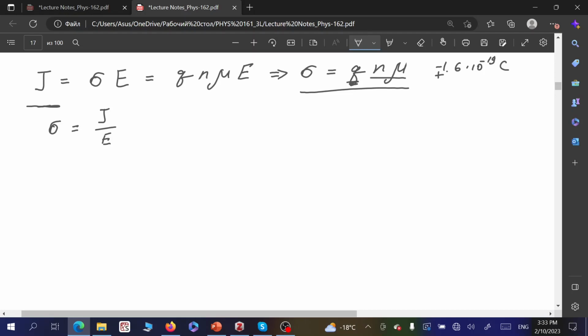However, if we know sigma, we cannot distinguish between these two guys to have a product. So we can get only product of concentration and mobility, and actual values of these parameters we cannot distinguish.